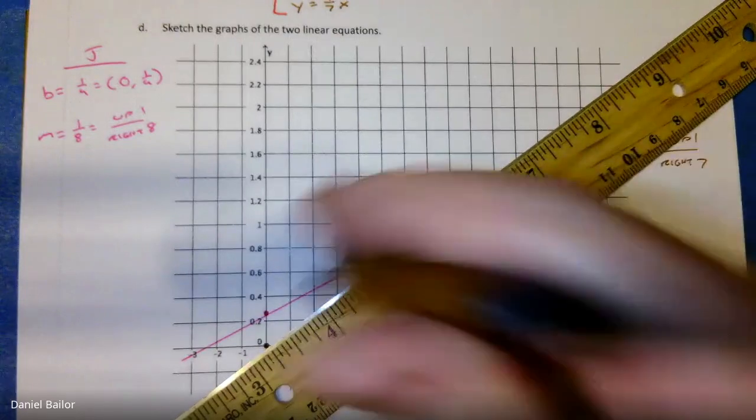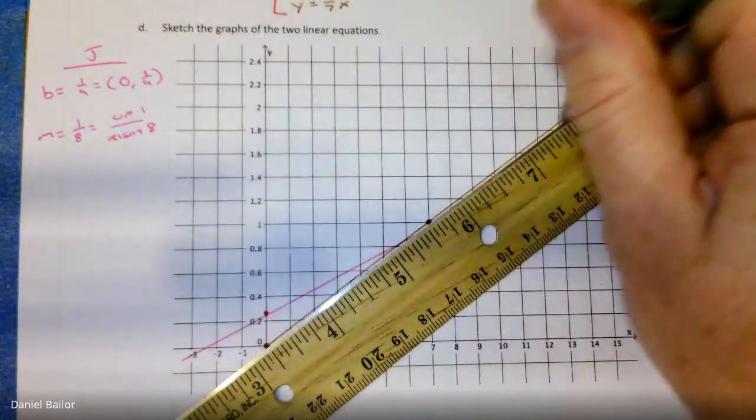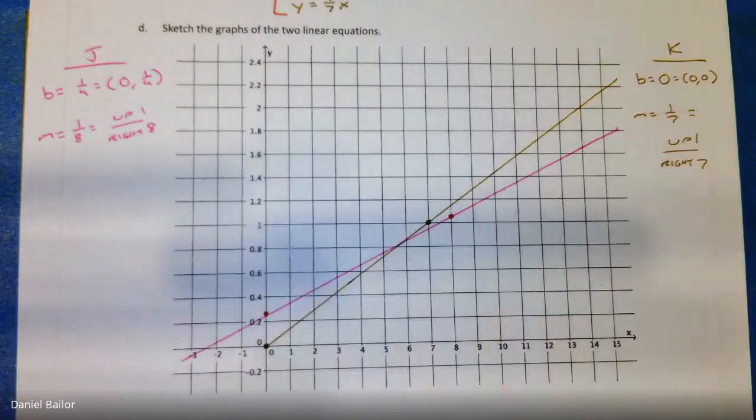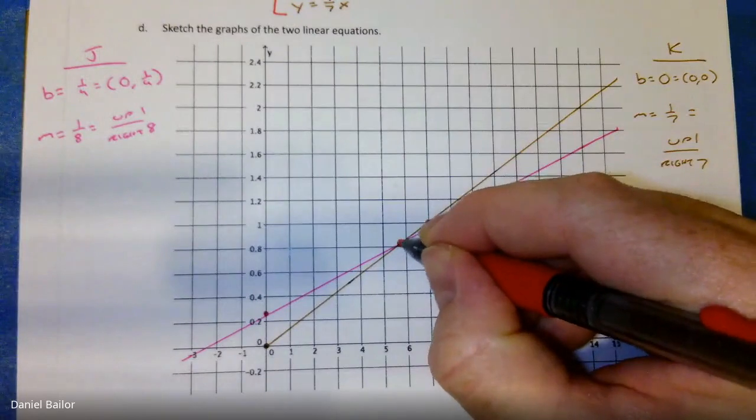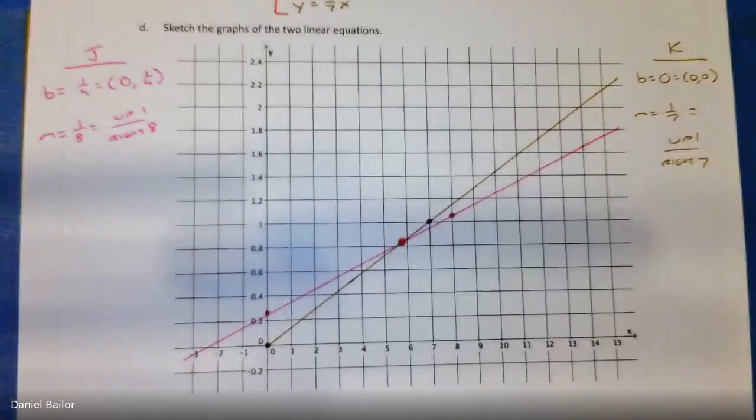So they do cross, it looks like. They cross about right there. That is where they meet on the racetrack, and that's where Carl starts to win.